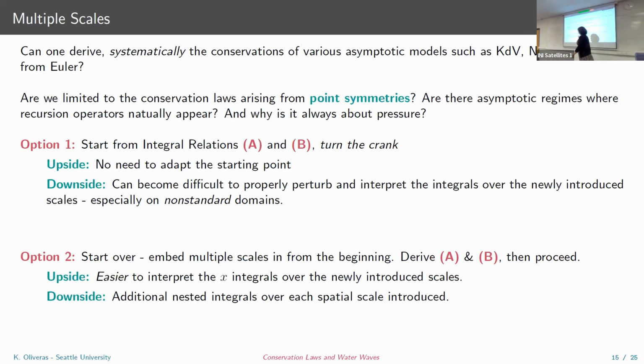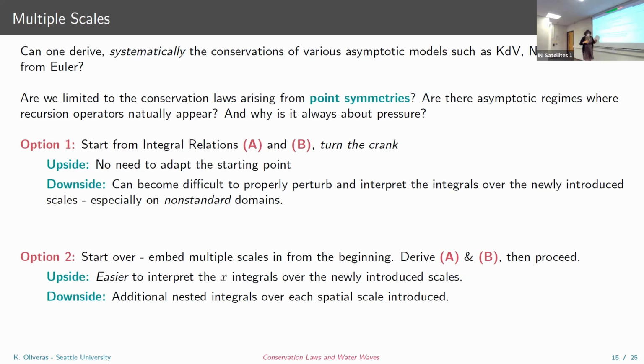And it can be very easy to make a mistake when you're trying to let x now be decomposed onto many, many different scales. Now, maybe everyone else is really good at that, and I know some people are. I just kept messing up, and for years I tried to figure out how to derive NLS using this, and I could do it in infinite depth, but not in finite depth.